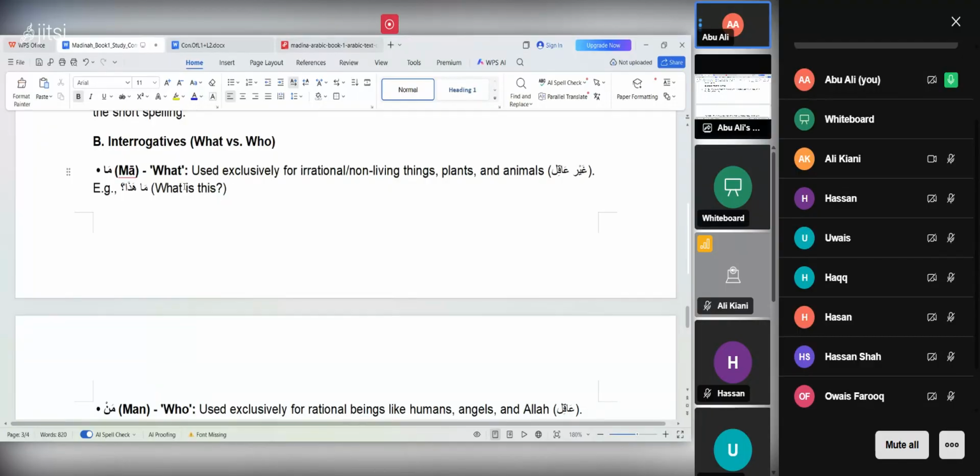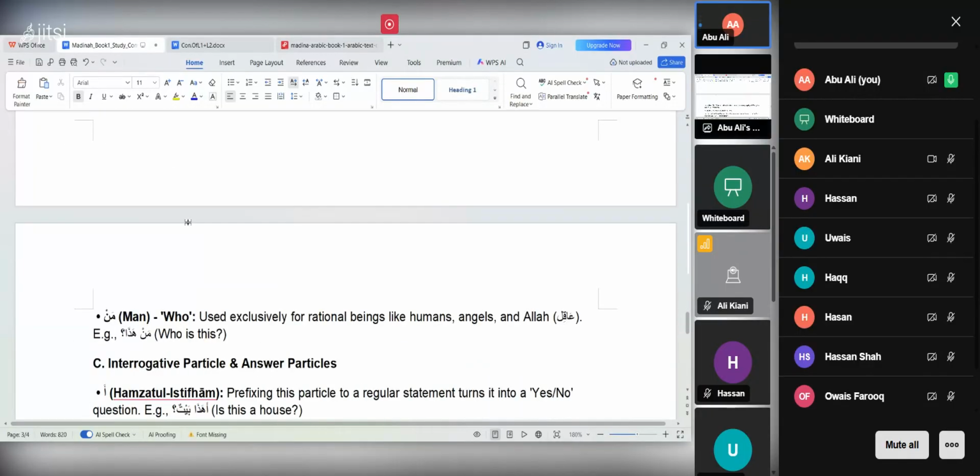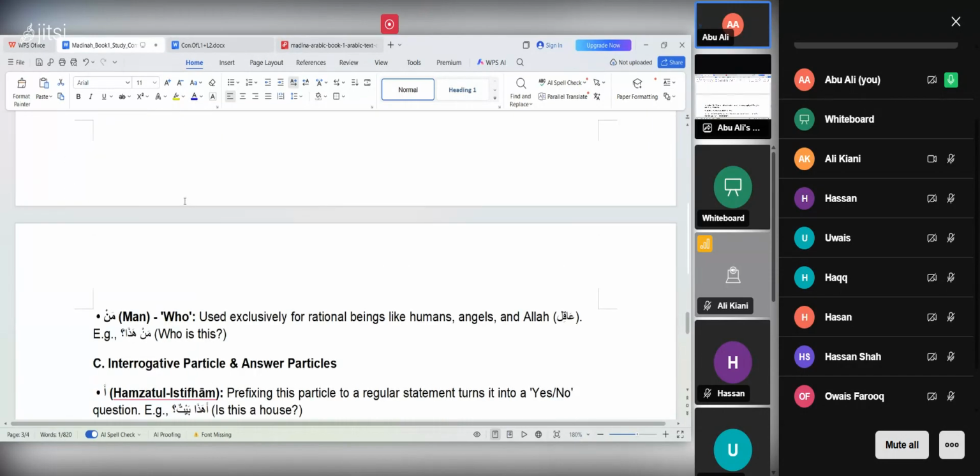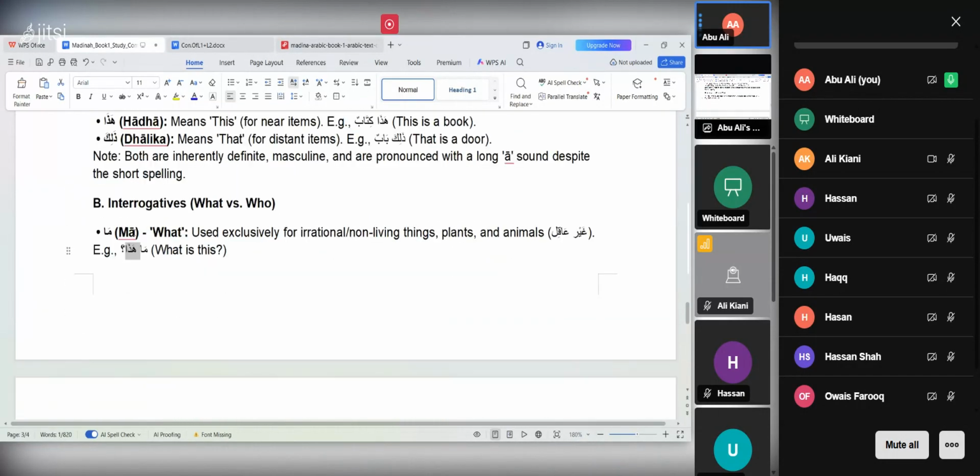What is this? Mahada. He's using it in a non-intelligent context to ask for something that is close in distance and that is masculine. He wouldn't know if it's masculine or not if it's not an intelligent being, by the way, so he could technically be asking about something feminine.